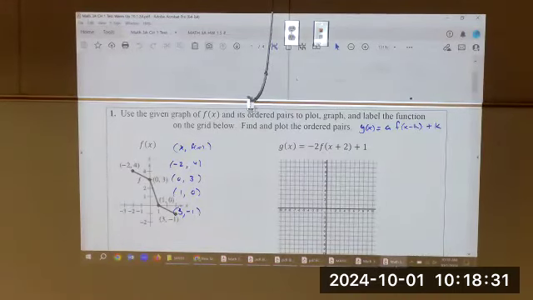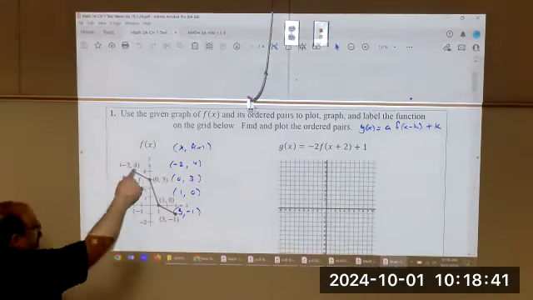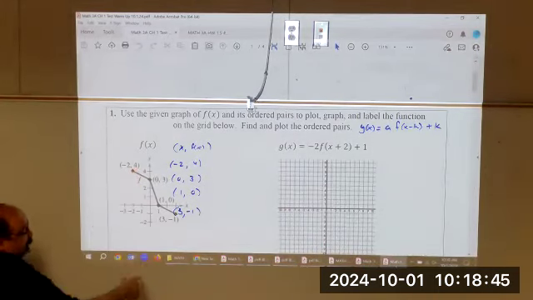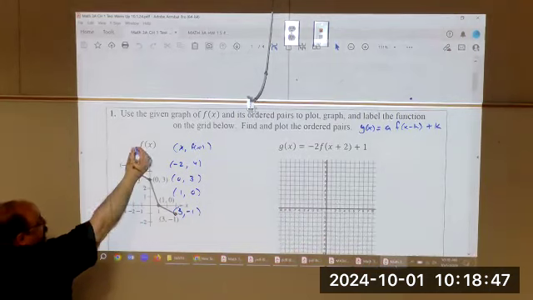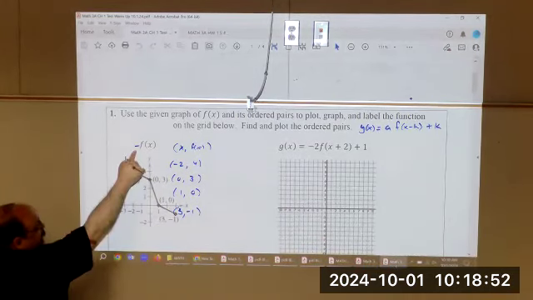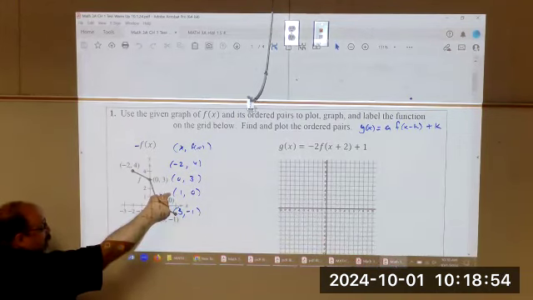How can you tell if it's reflected? If it's negative or not. If a is a negative number, then we're going to reflect it across the x-axis. A negative y value is going to flip across to the other side. That positive 4 is going to become a -4 if I put a negative in front. This -1 has a negative in front. It's going to flip up to a +1.